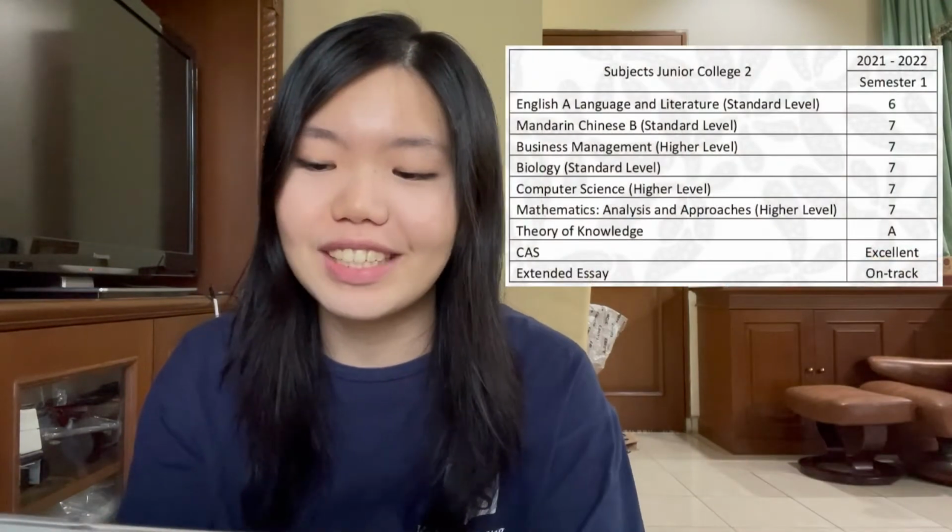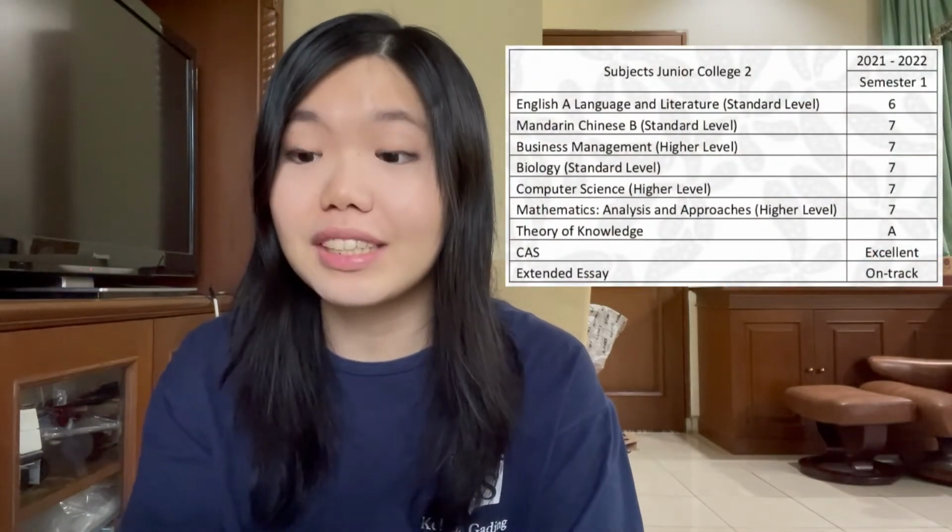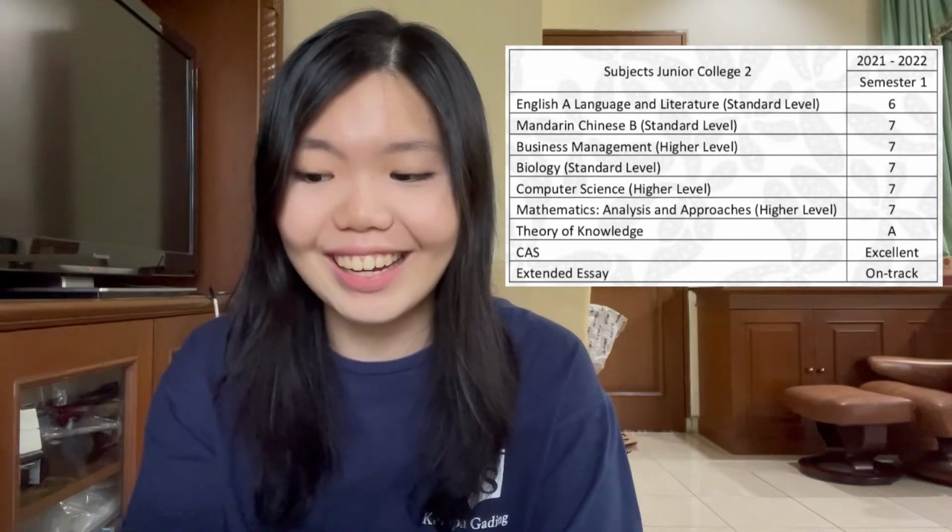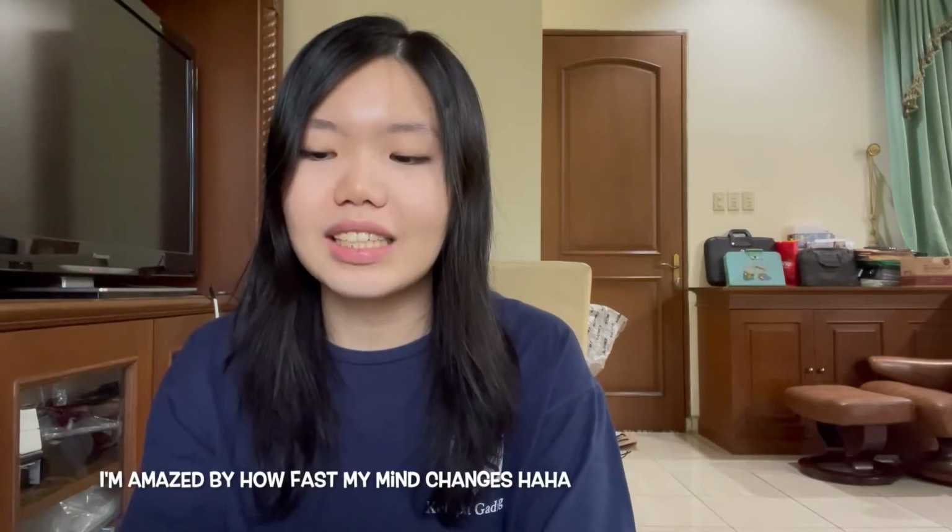So it's all good. Finally, for JC2, I did not get straight 7s anymore because a 6 appeared in my English grade. I was pretty disappointed actually, because I thought that I should be able to maintain a good grade, but well, my 6 was a really high 6, so it's fine.